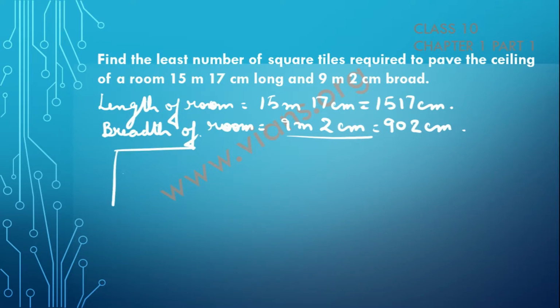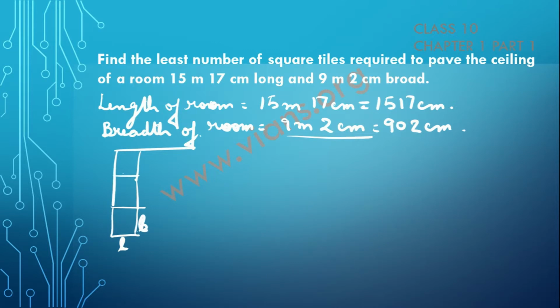Now if my tile size is as big as it can be, and it has to be a square tile, so the length and breadth, that is this small l and the small b, has to be the same, only then it will be a square. So what's the highest number such that the square tile size is maximum, so that the total number of square tiles required to pave the whole ceiling is going to be minimum.